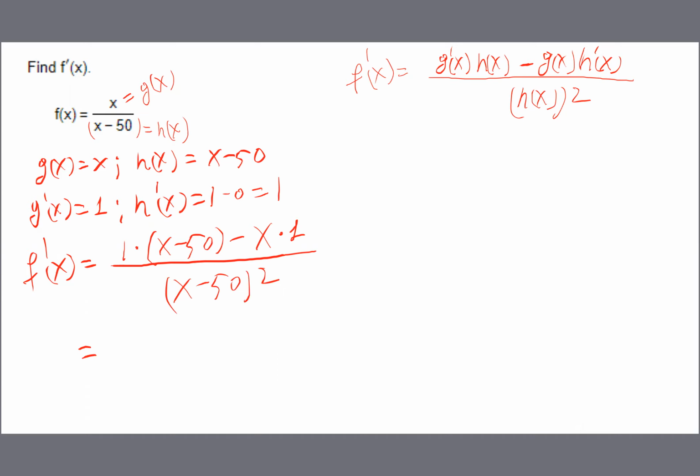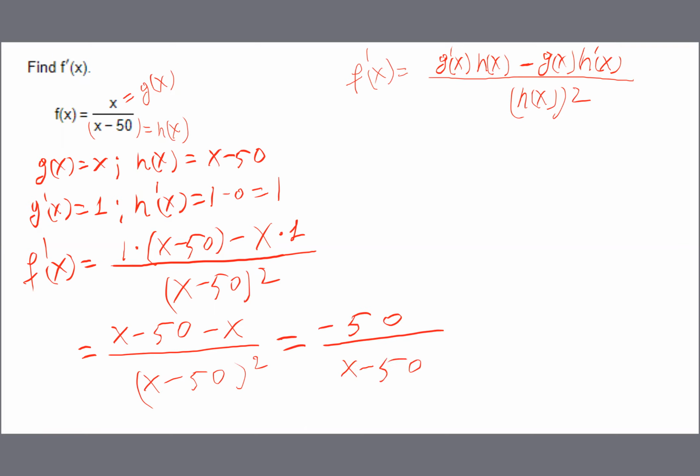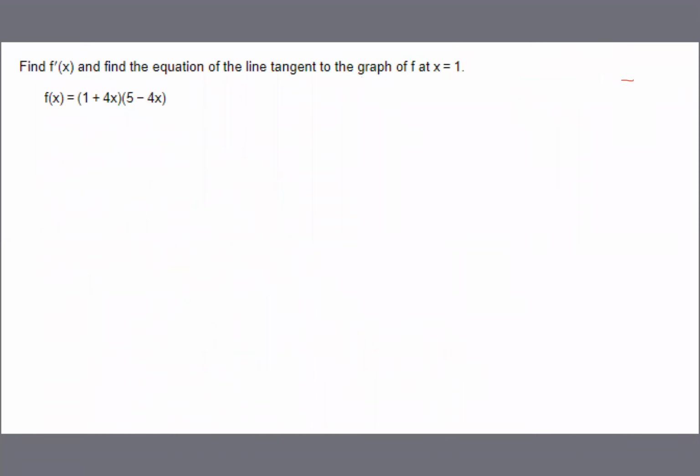So let's simplify this. 1 times the quantity x minus 50 is x minus 50, minus x times 1 is x, over x minus 50 squared. X minus x is 0, so we have negative 50 over x minus 50 squared. All right, let's move on.